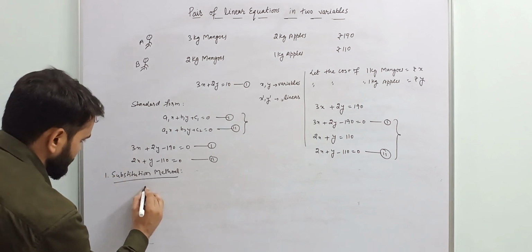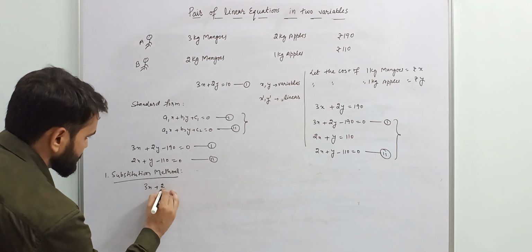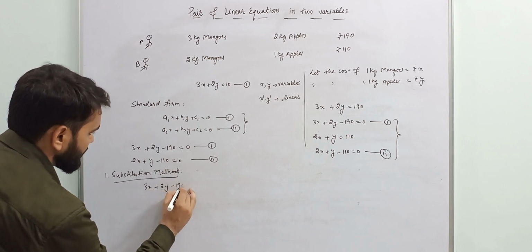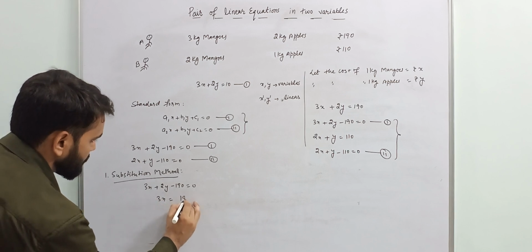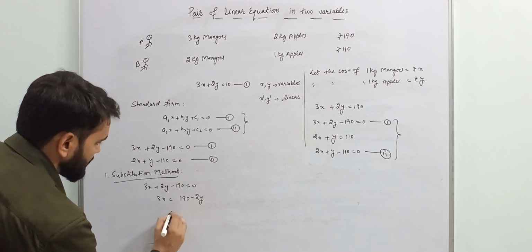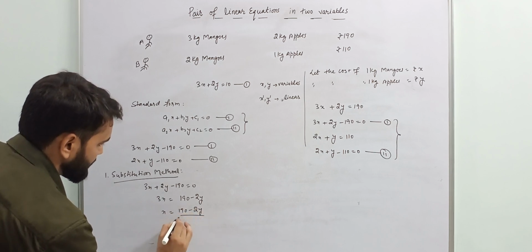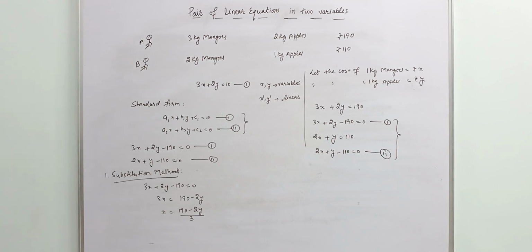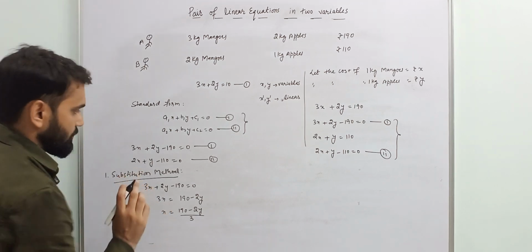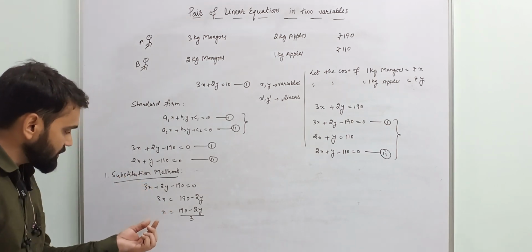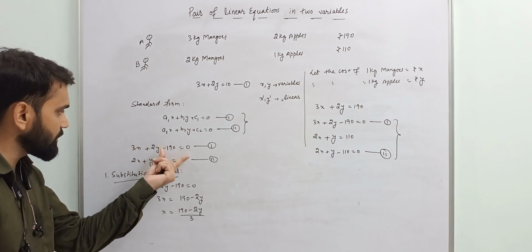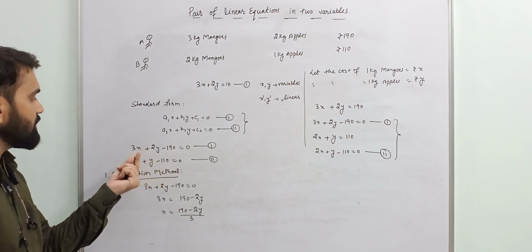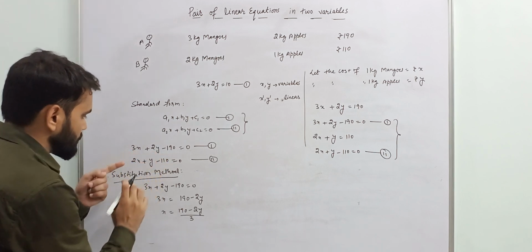Alright. So I have 3x plus 2y minus 190 equal to 0. From here 3x will be equal to 190 minus 2y and x is equal to 190 minus 2y upon 3. What I did, I found the value of x from equation 1. Now I will substitute the value of x in equation 2.